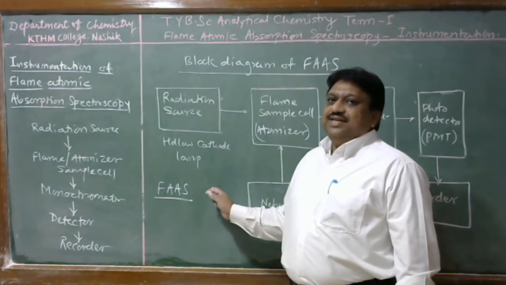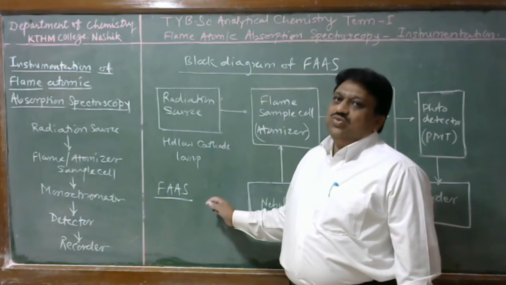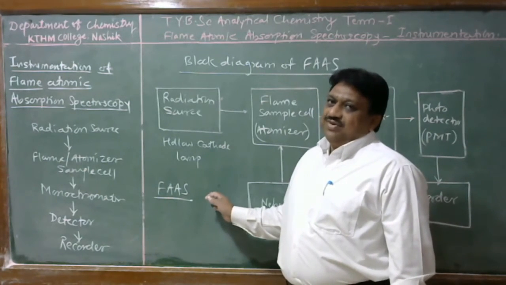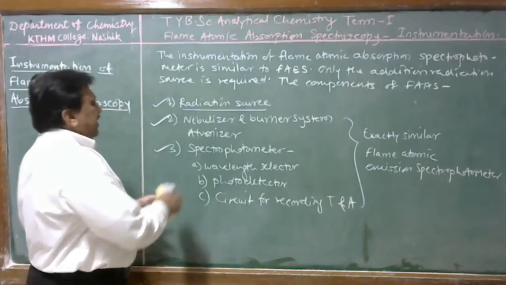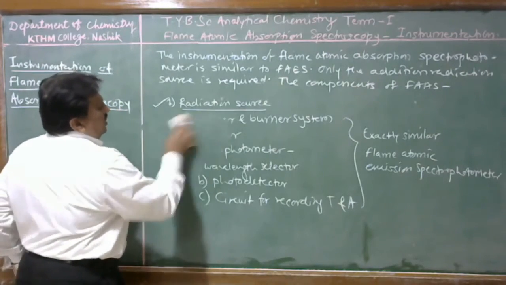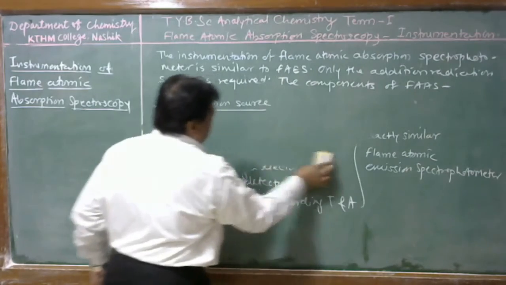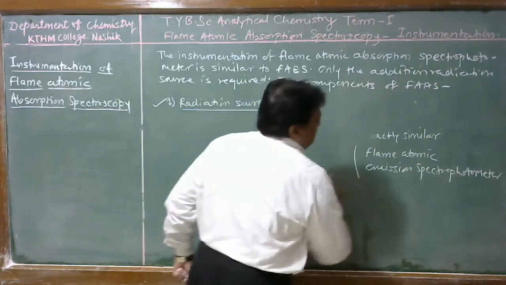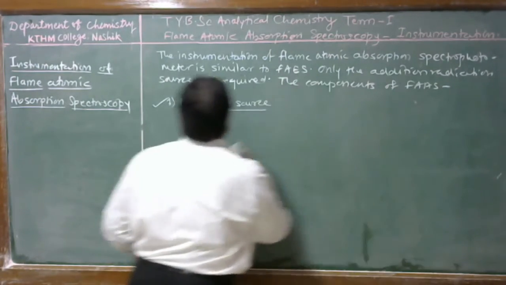Now we discuss in detail the radiation source used in flame atomic absorption spectrophotometer. The radiation source used in atomic absorption spectrophotometry is classified into two types.